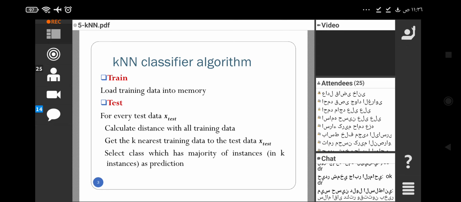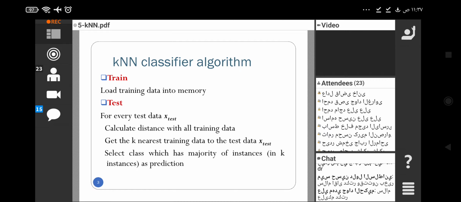In the test phase, for every test data, we calculate the distance with all the training data, and then we get the k nearest data to the test data. And then after this, we select the class that has the majority in the neighbors.